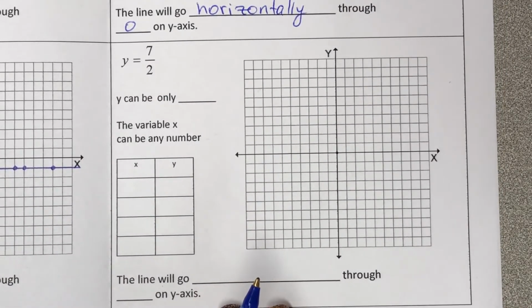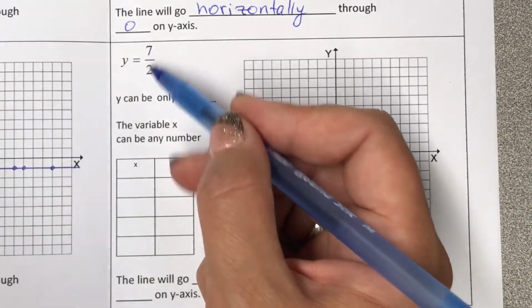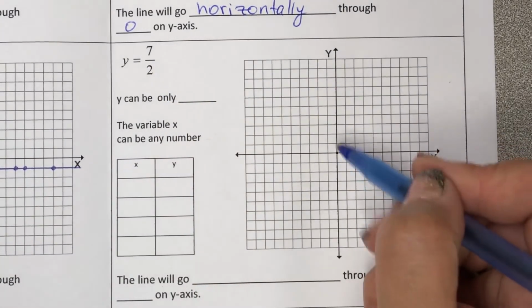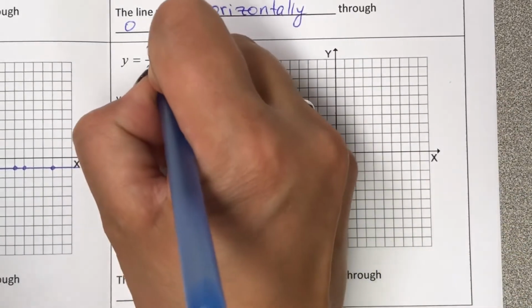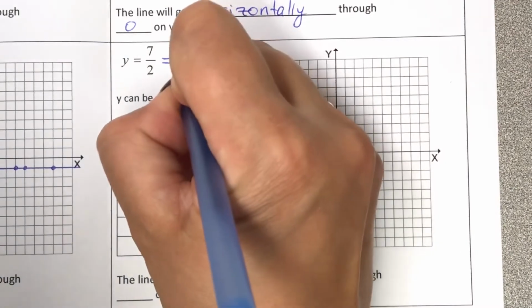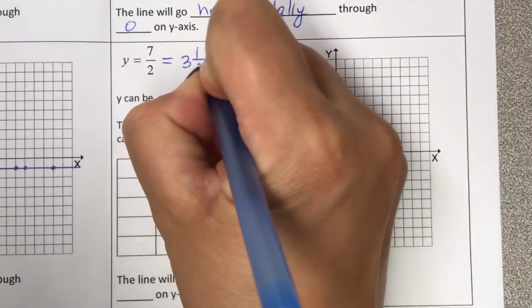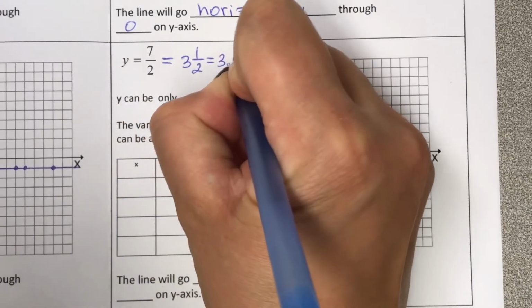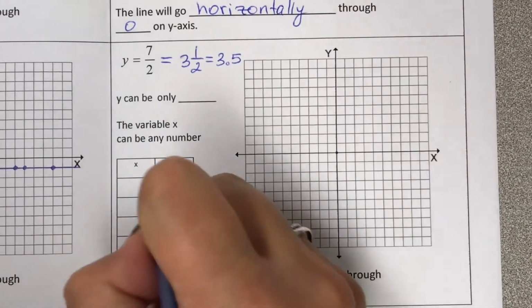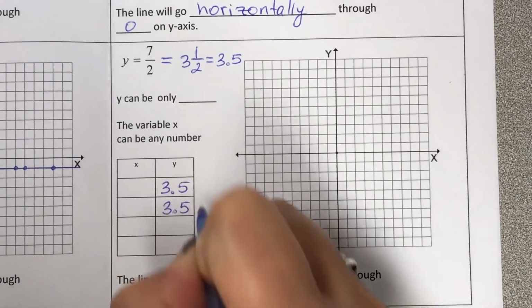What if y equals 7/2? 7/2 is the point location, or 7/2 is how much on the y-axis. The best is to change this into either a mixed fraction or a decimal, 3.5. Because when we plot, we need to know that this is 3 squares and a half.